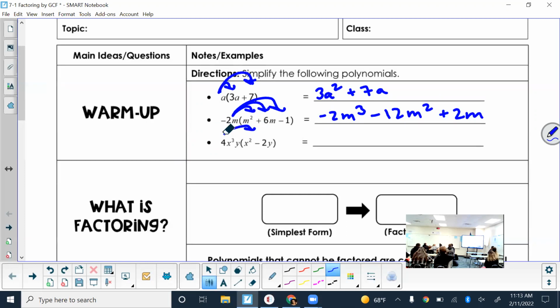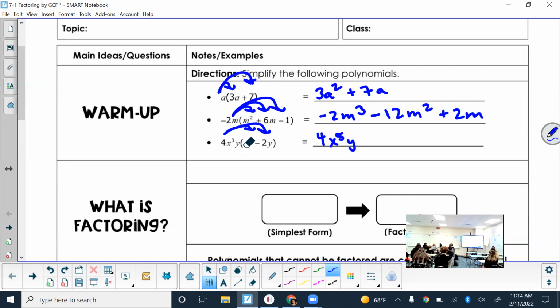All right. Last one. Remember, do the coefficients first. What's the coefficient if it's not written? So 4 times 1 is. And then we have x cubed y times x squared. What do we get? Good. x to the 5th, y to the 1st.